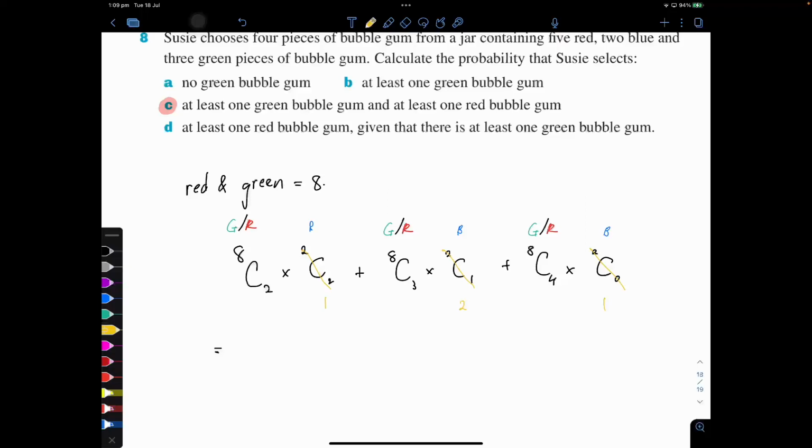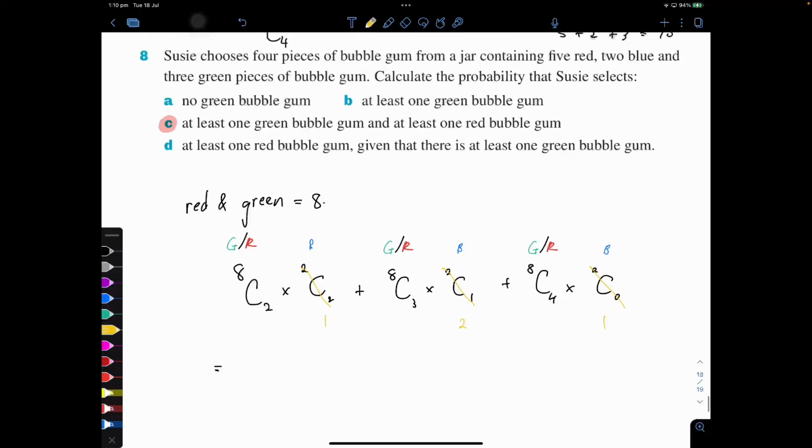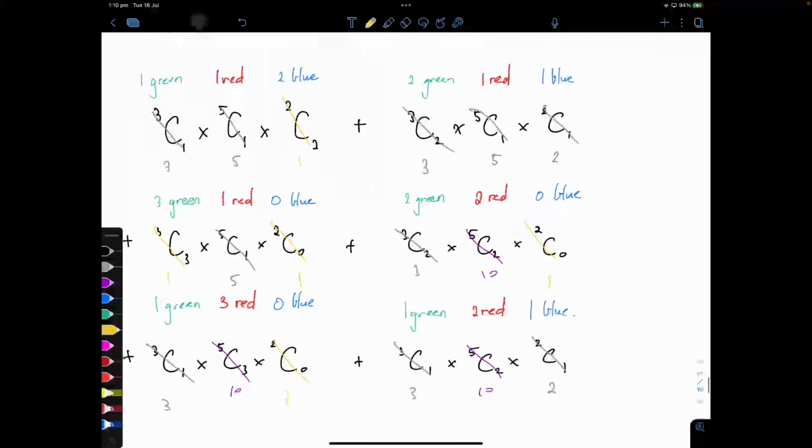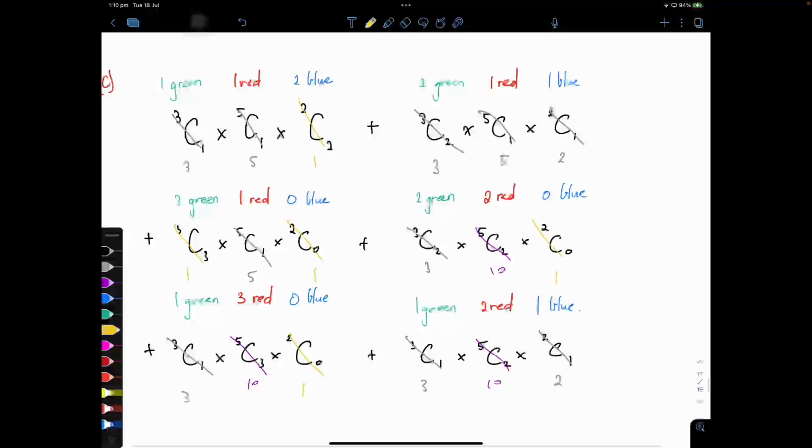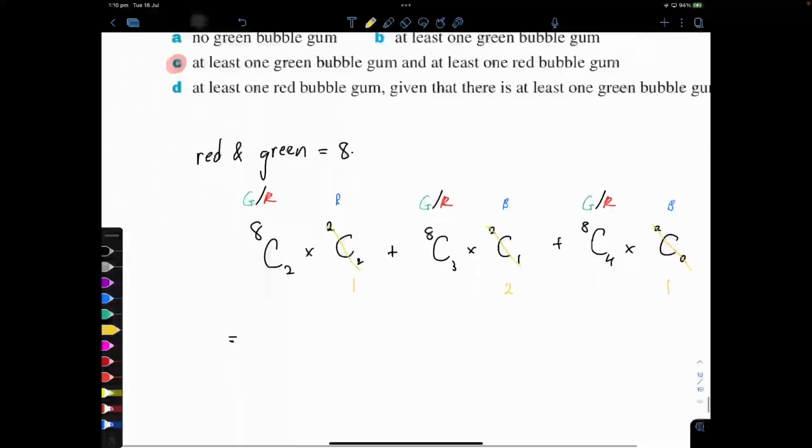That equals 210. Let me just double check. But I think the other one is better for understanding. Although it's tedious, it's better for understanding because you're actually looking at all the different outcomes. Yeah, it gives 210.